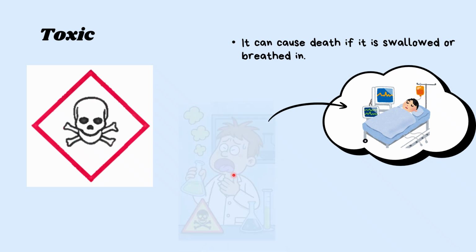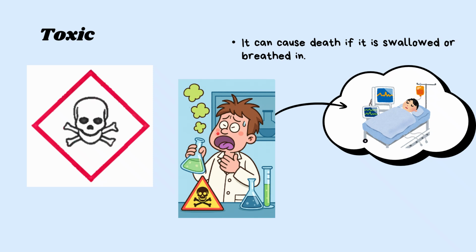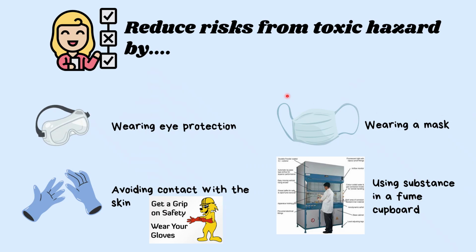Next, do not try to swallow it, because if you swallow it, it is going to cause harm to yourself. Now let us understand how to handle these toxic hazard chemicals. Firstly, we have to avoid contact. So we are going to wear eye protection. We are going to wear gloves to avoid contact with our skin.